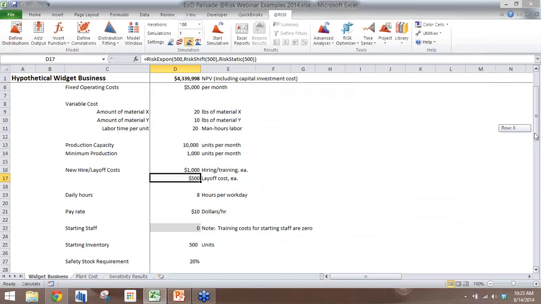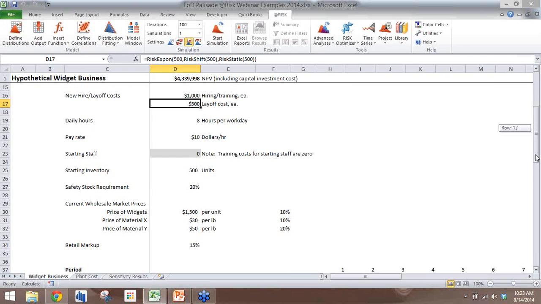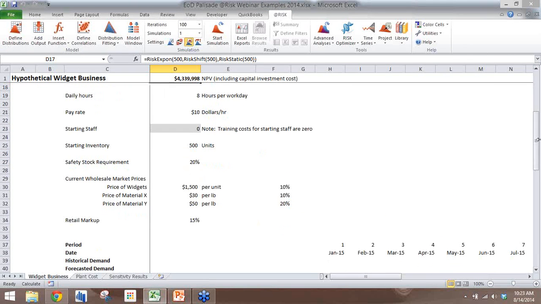What I'm now going to do is do something similar with my prices. And in this case, what I'm going to also do is show you how to link cells in the spreadsheet to the actual specifications of the distribution so that it operates dynamically. What I'll first do here is pick the price of widget cell. I'm going to define my distribution.